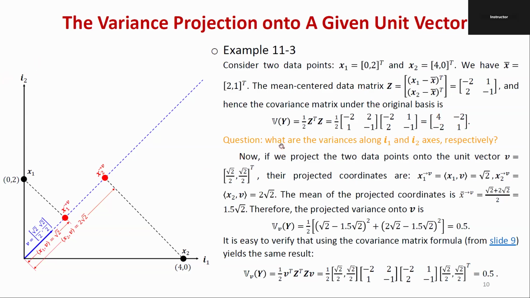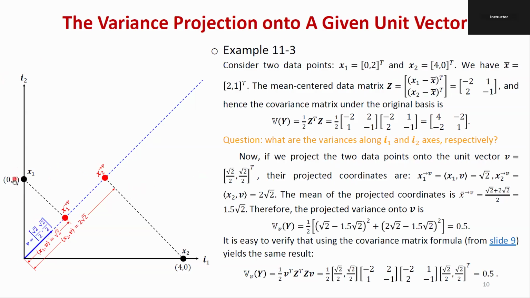Okay, now what if I project the two data points onto the unit vector at 45 degrees, which is (square root of 2 over 2, square root of 2 over 2)? First of all, it's super easy for you to verify this is a unit vector. Why? Because this one square plus this one square is 1, so the length is 1.